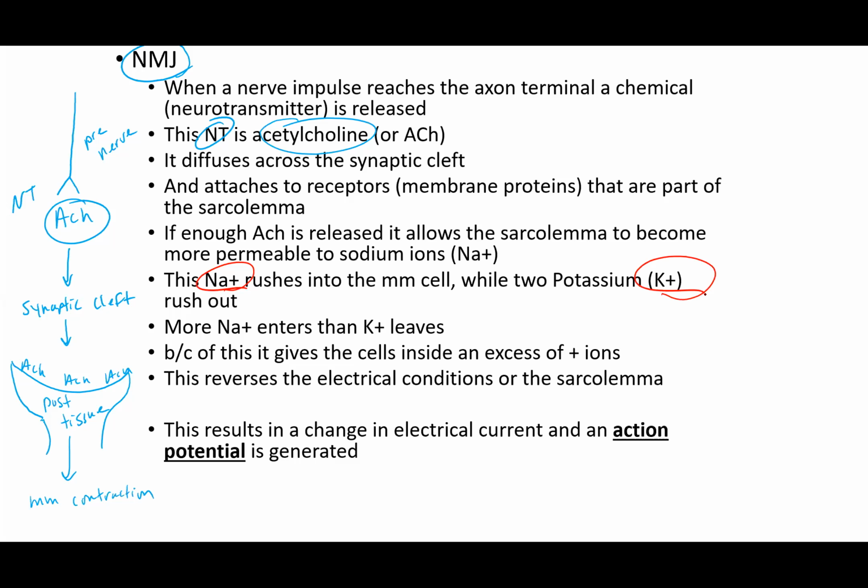Okay, once you get all of these ingredients together, neurotransmitters and your different ions, this is going to result in an electrical change, and you're going to get an action potential. In other words, we have enough electricity to allow for movement.